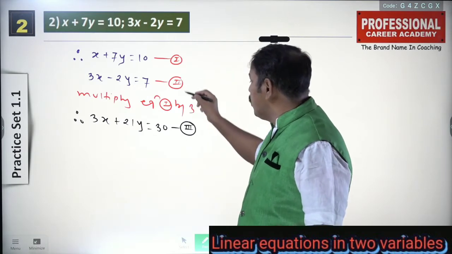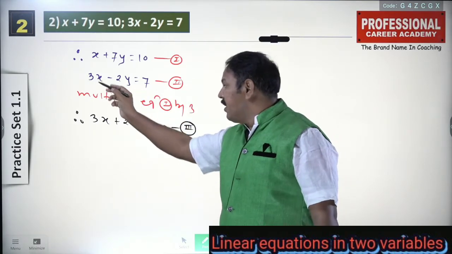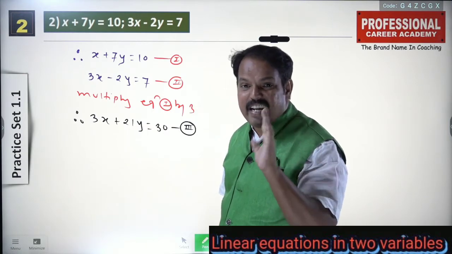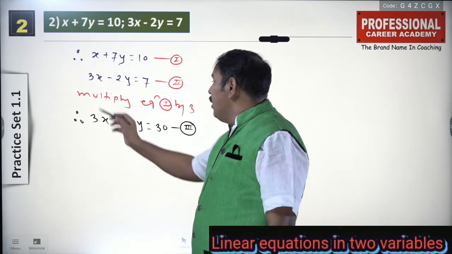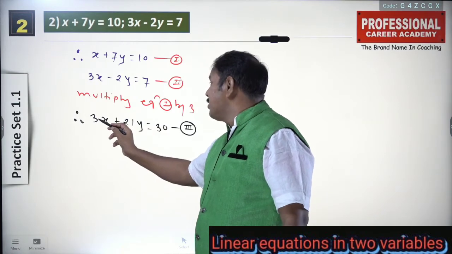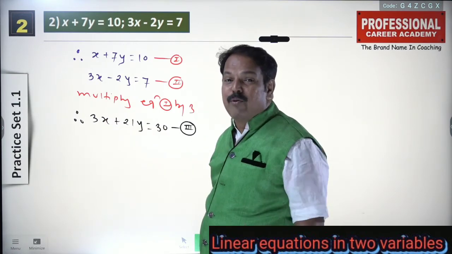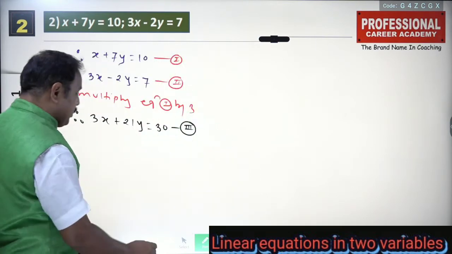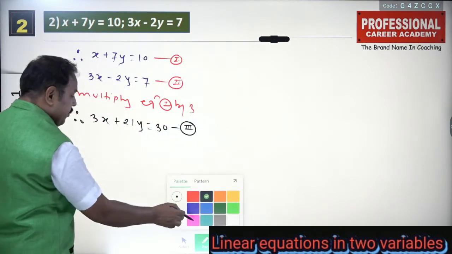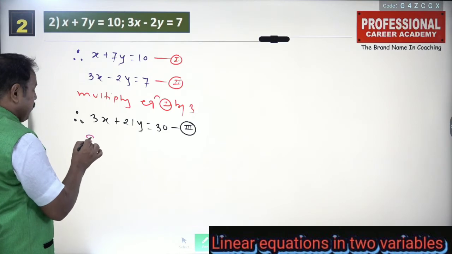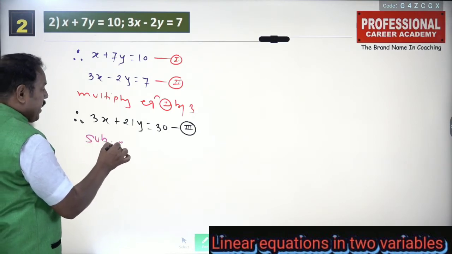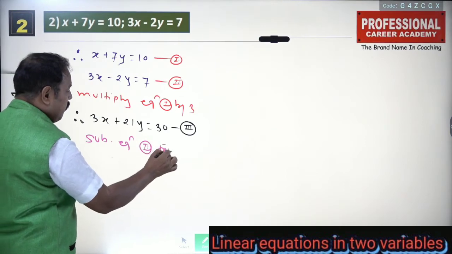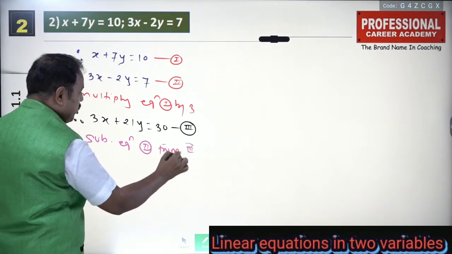So look at equations 2 and 3. This is 3x, this is 3x. Means here it can cancel, it can eliminate. So this is plus 3x, this is also plus 3x. So addition is not possible. We have to subtract. So take another step, subtracting equation number 2 from equation number 3.